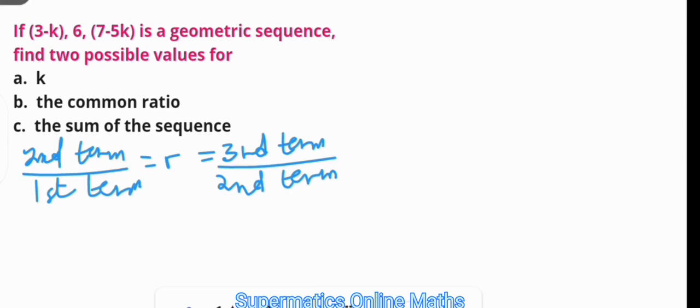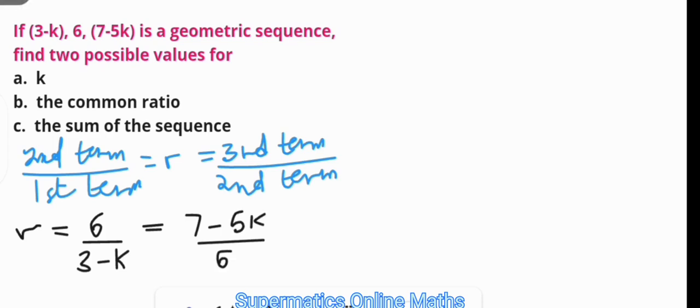In short, the common ratio is the ratio of successive terms. Therefore, in this sequence, the common ratio is 6 over 3 minus k, that's the second term to the first term, which is also equal to 7 minus 5k over 6, the ratio of the third term to the second term.